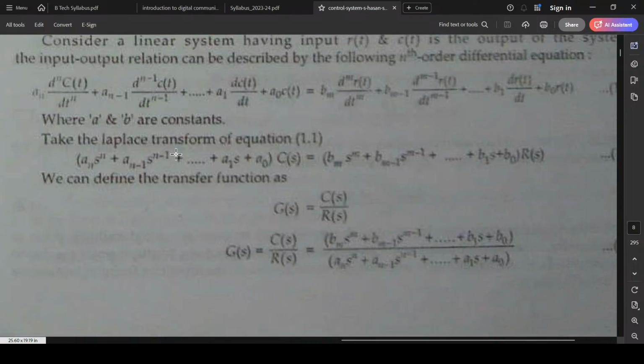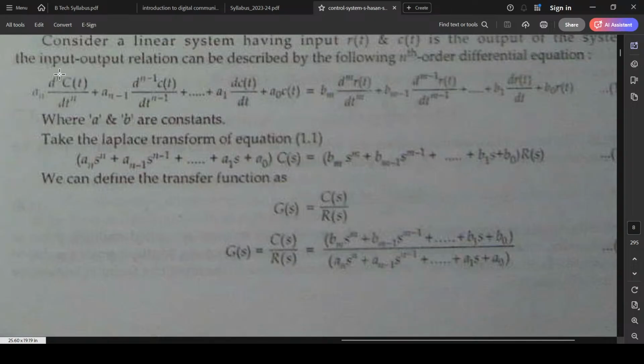Okay. So the transfer function is the ratio of the Laplace transform of output upon the Laplace transform of input. The input and output were represented as a differential equation, then reduced with the Laplace transform.